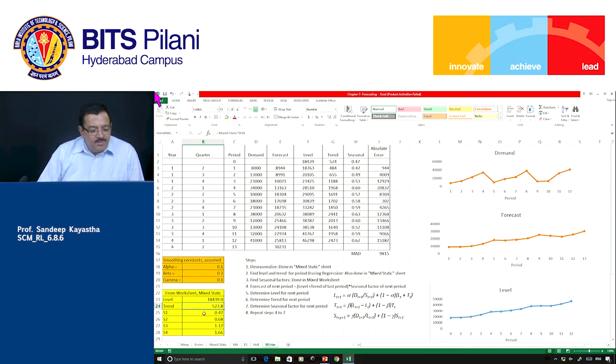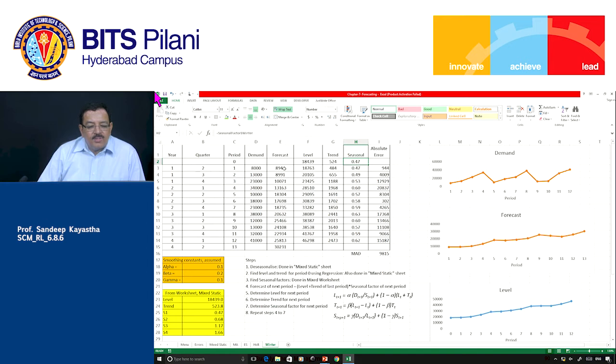The seasonal factors are 0.47, 0.68, 1.17 and 1.66. This level and trend are for period 0. So those values we put here. For period 0, we put level and trend, and also the seasonal value, which is 0.47.